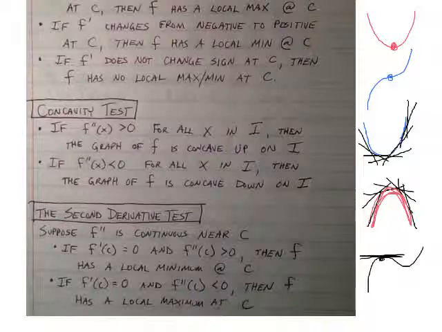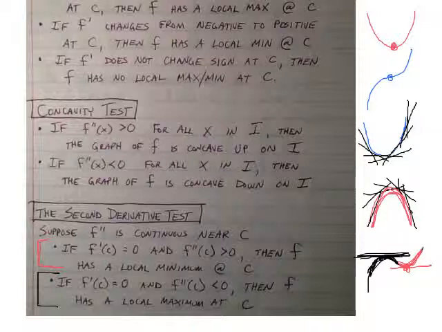So in the first case we have something like this, where f prime is 0 and f double prime is greater than 0 because we've got it concave up. So we have a minimum at c. And in the second case, if f prime of c is 0 and f double prime is less than 0, we've got a concave down scenario, and if it's concave down, then we're going to be talking about a local maximum.